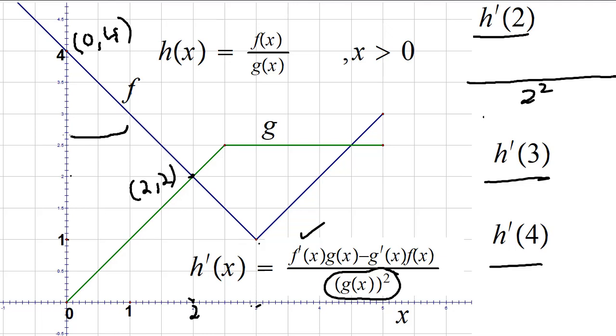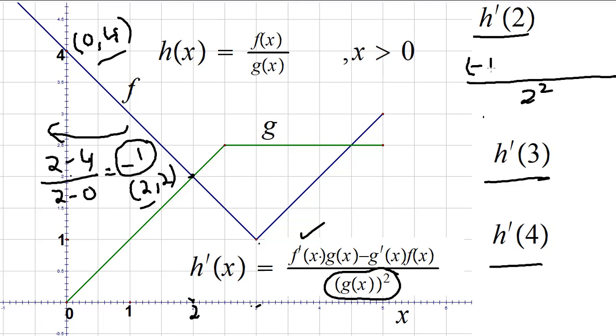So that is (2 minus 4) divided by (2 minus 0), which is -2 over 2, that is -1. So the derivative of f at 2 is -1.